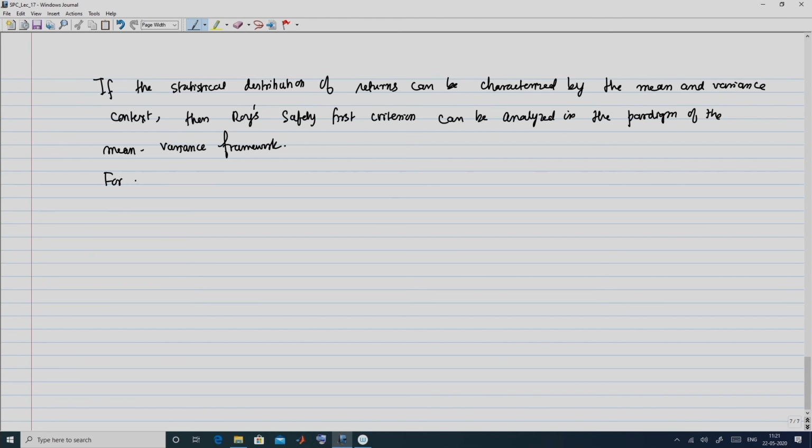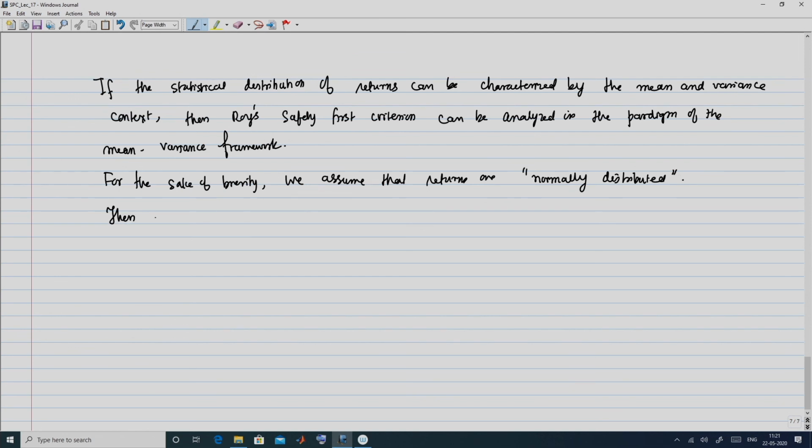For the sake of brevity, just for a simplistic case, we assume that returns are normally distributed.